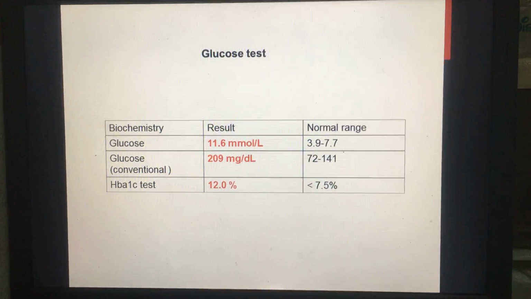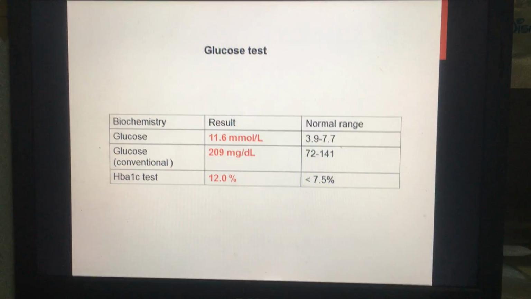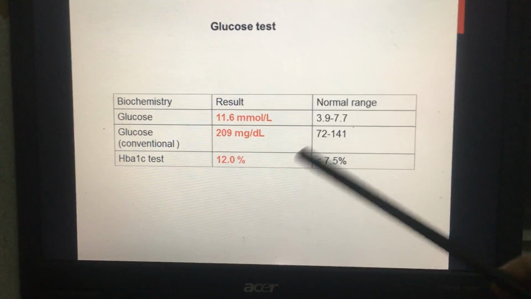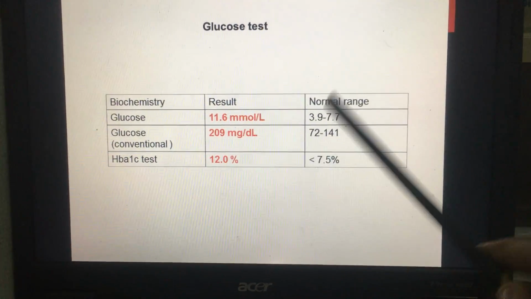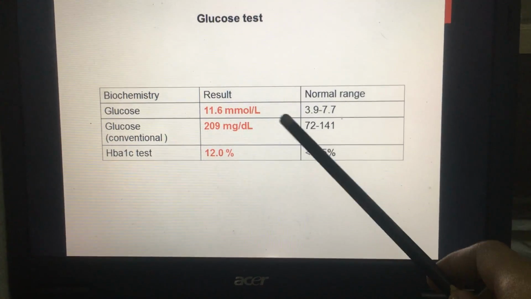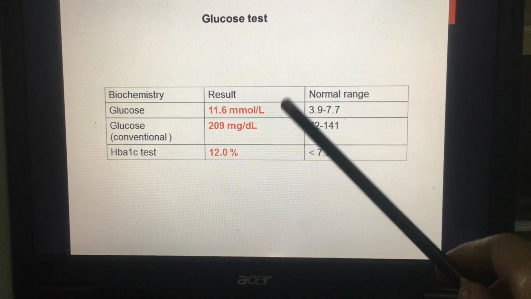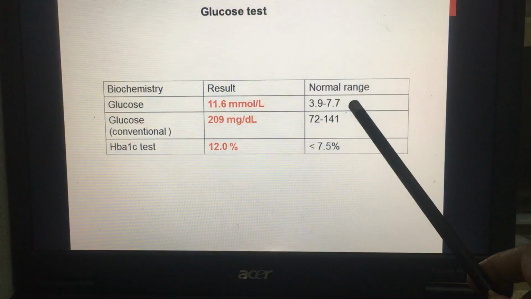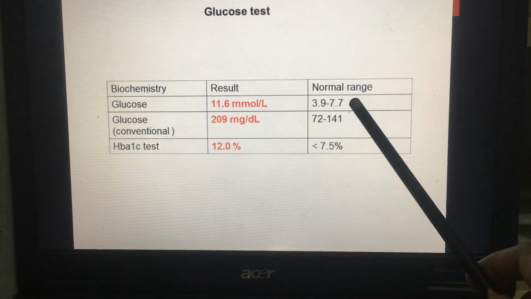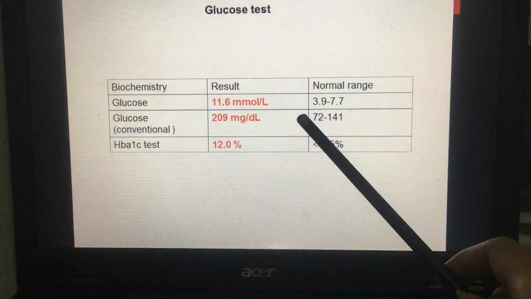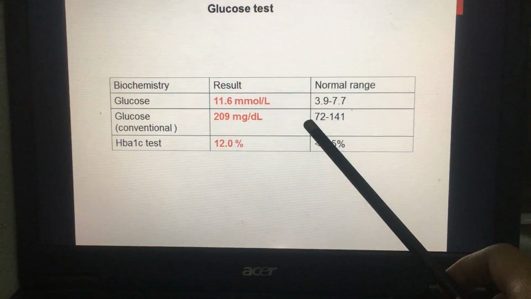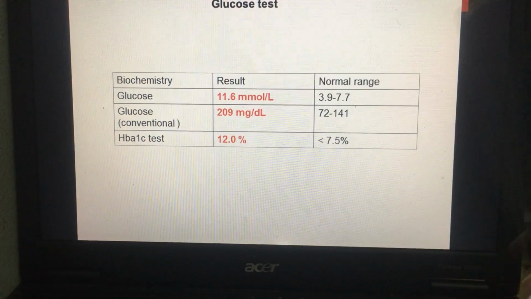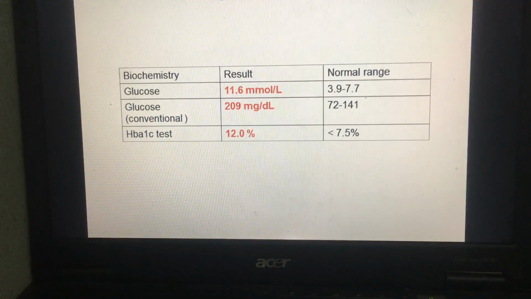Next, glucose test. Okay, they also did a glucose test and the result is higher. All of this is higher than the normal range, which is 11.6, while the normal range is not more than 7.7, and the conventional one is 209, but the normal range is not more than 141.